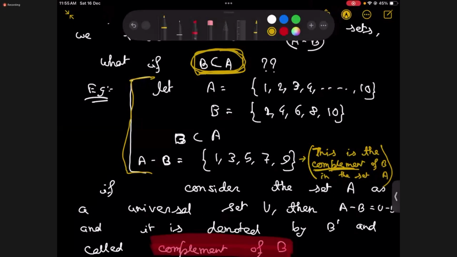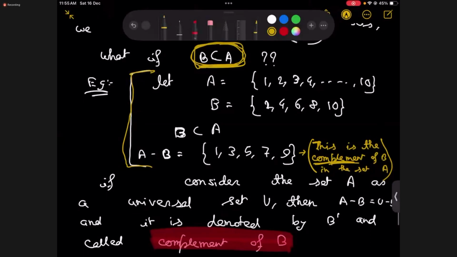So we can straightforwardly say that the complement of B exists. But whenever B is not a subset of A, then we can't claim that A minus B is the complement of B.